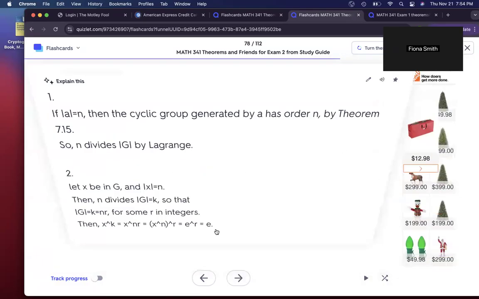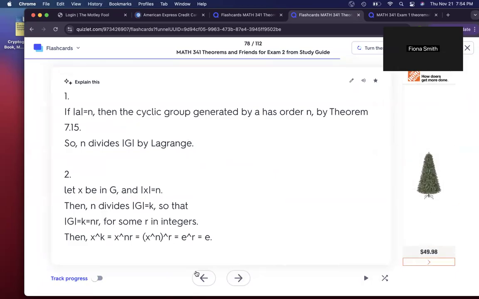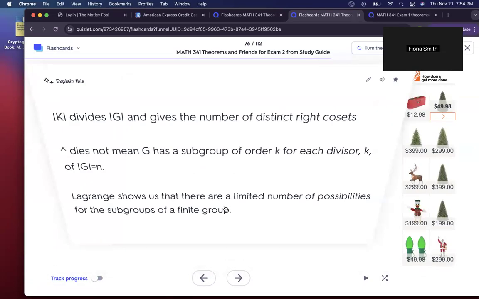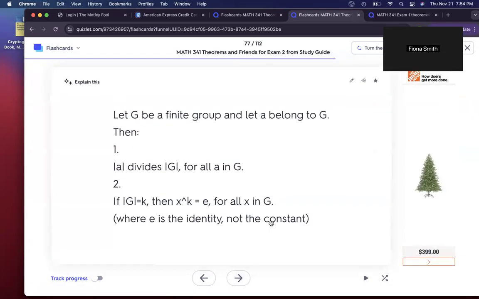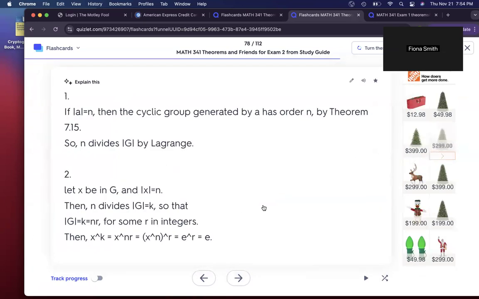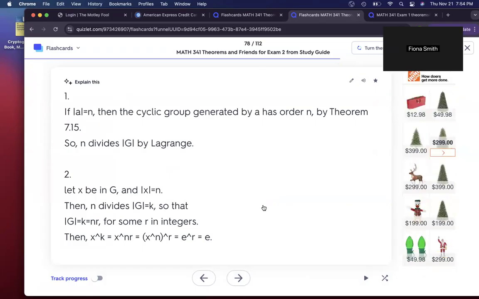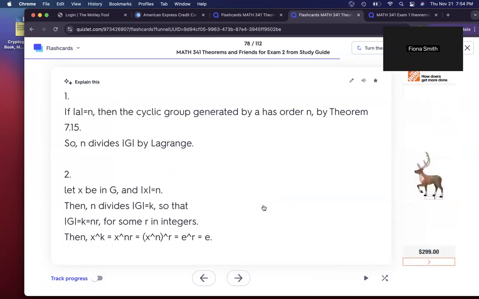Proof, how to do that, I wrote down real quick for that first portion. Here we go. Order of a divides order of G. If order of a equals n, then the cyclic group generated by a has order n by theorem 7.15. So n divides order of G by Lagrange.